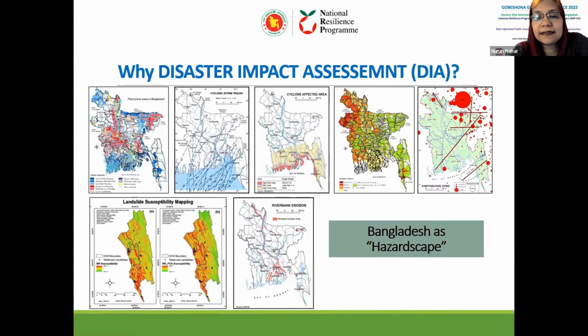So we can say Bangladesh is a hazardscape, and we have various data on how all the hazards that are identified in our Standing Orders on Disaster have been impacting Bangladesh over the years, like flash floods, cyclones, even landslides, storm surge, drought. We are even very prone to earthquakes, and riverbank erosion is also a hazard that we need to reckon with.